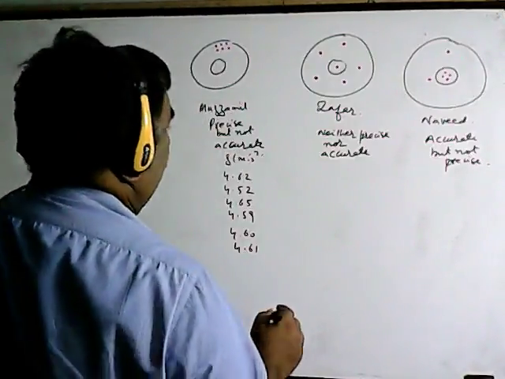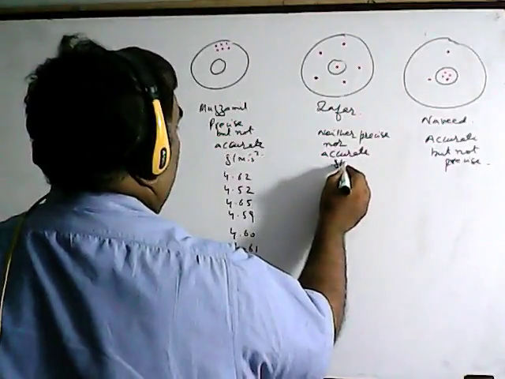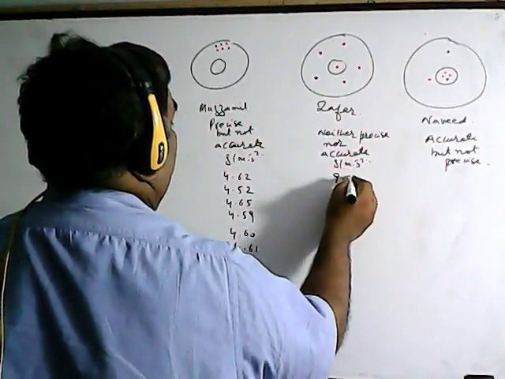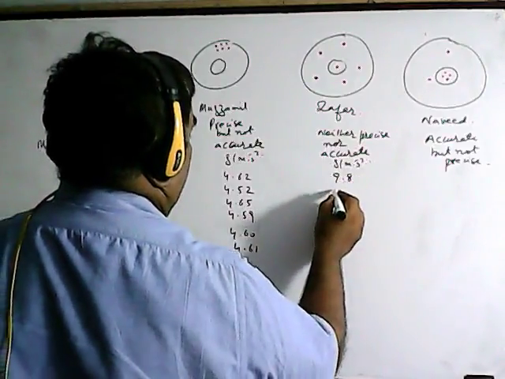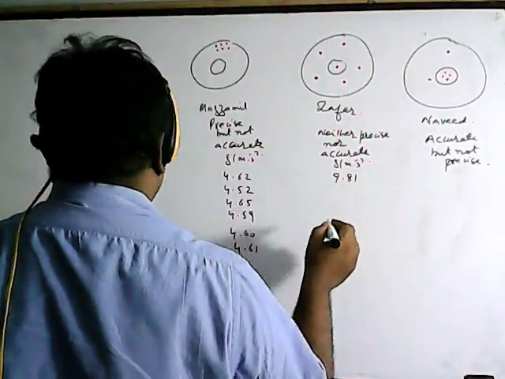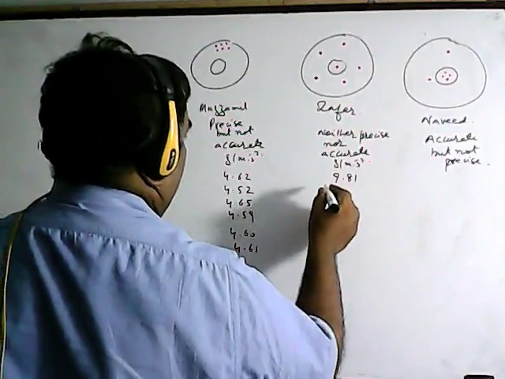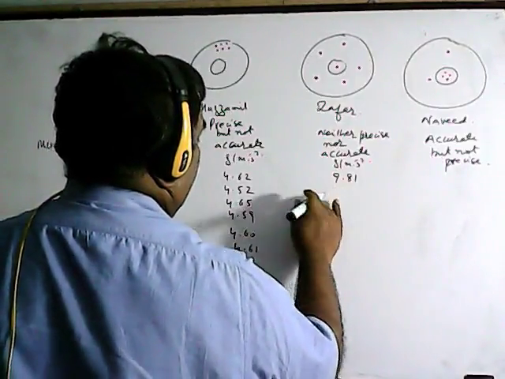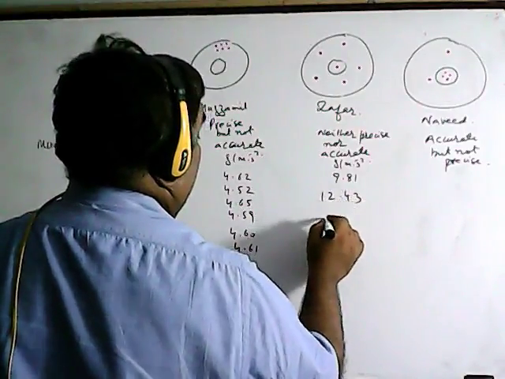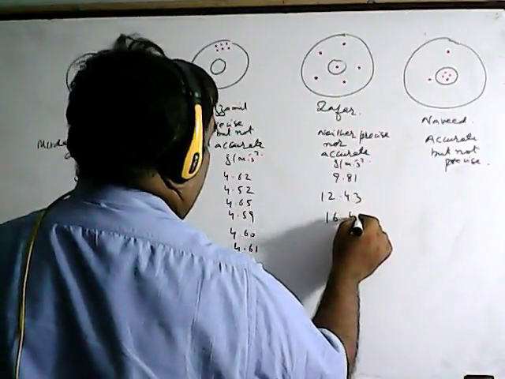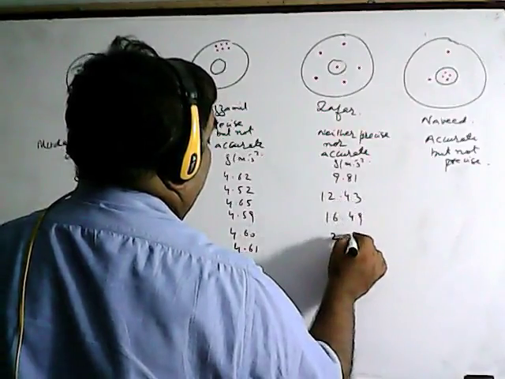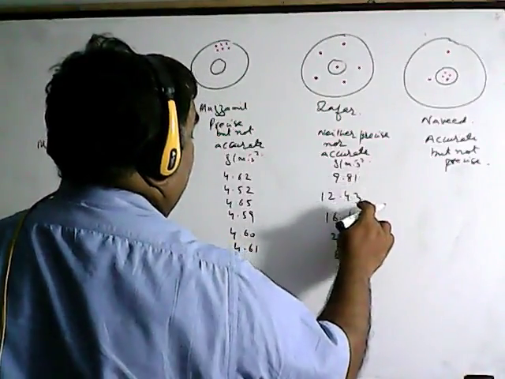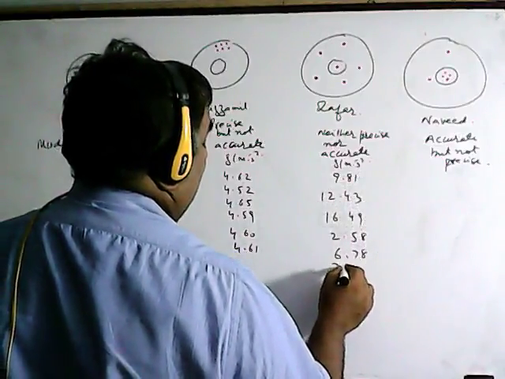Now Zafar has one reading of 9.81, with 2 decimal places, and the others are varying: 12.43, 16.49, 2.58, 6.78, and 20.23.